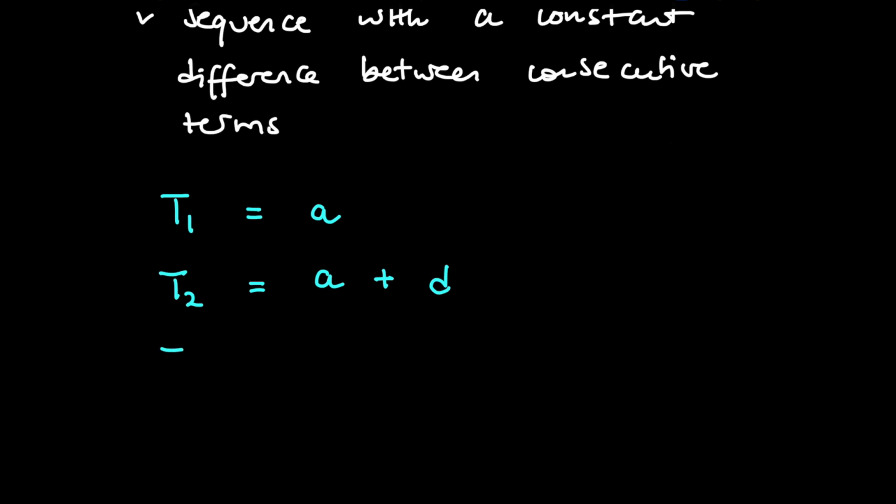And to get T3, you are going to add again a constant value to the second term, which is A plus D. So you get A plus 2D. Do you guys see that?